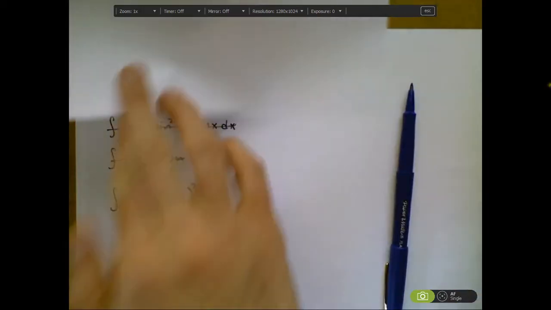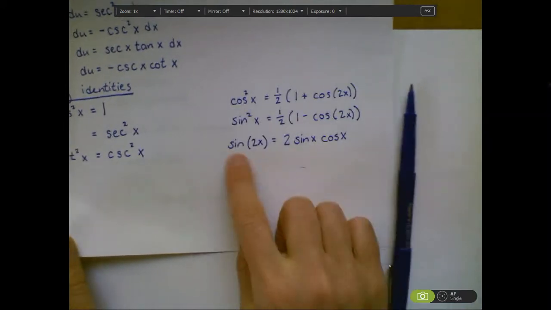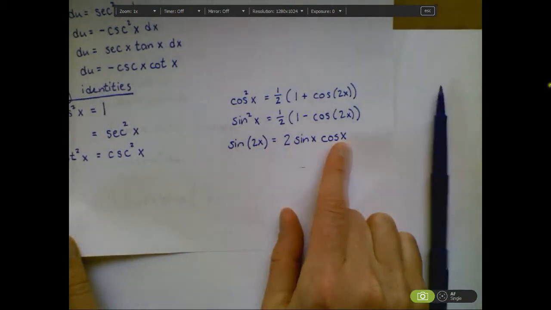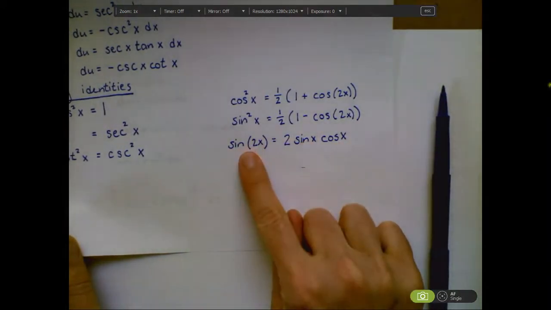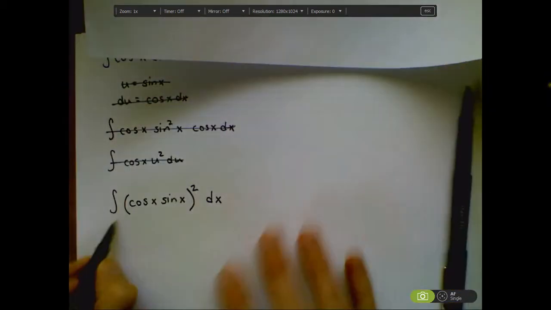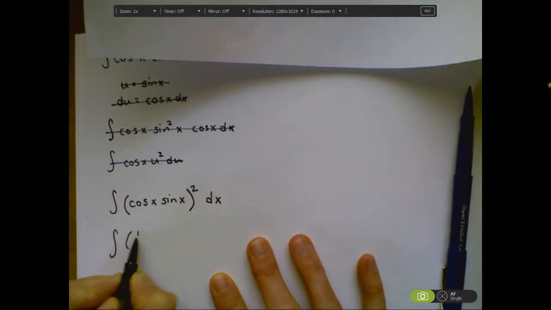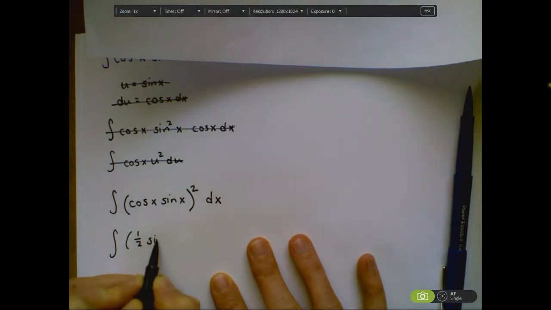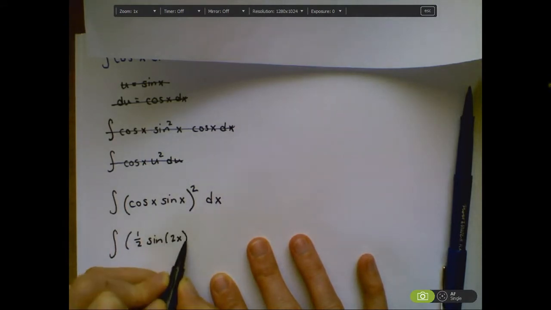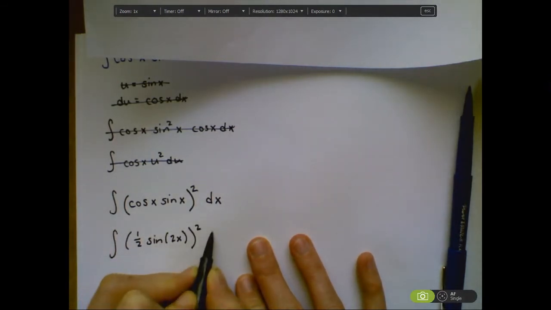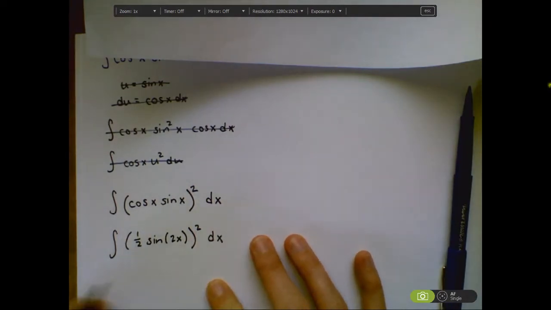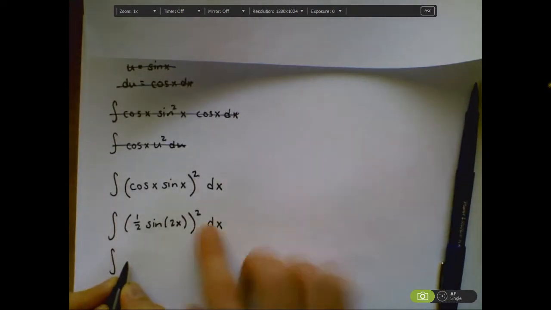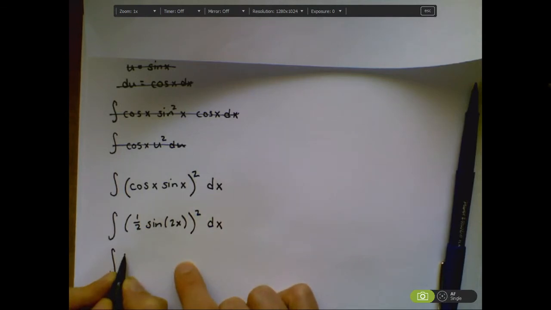So now I can apply this substitution. Sine 2x is equal to 2 times this. I'm going to divide both sides by 2, and I can simplify this into 1/2 of the sine of 2x, all squared, which in turn becomes, I'm going to distribute this squared.